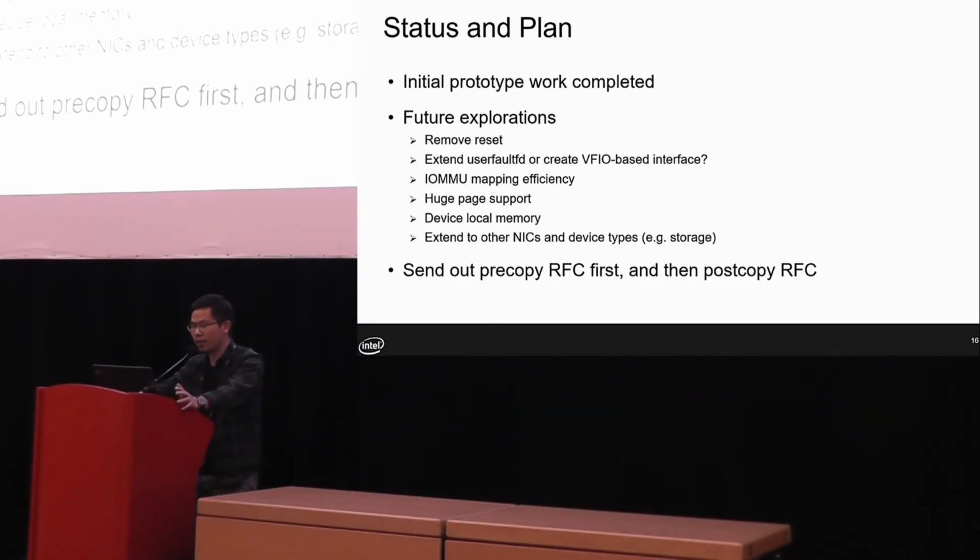The third one, IOMMU mapping efficiency. That was the 100 milliseconds we just discussed. The fourth, huge page. The fifth, device local memory. And the last one, we will extend to other NICs and device types.